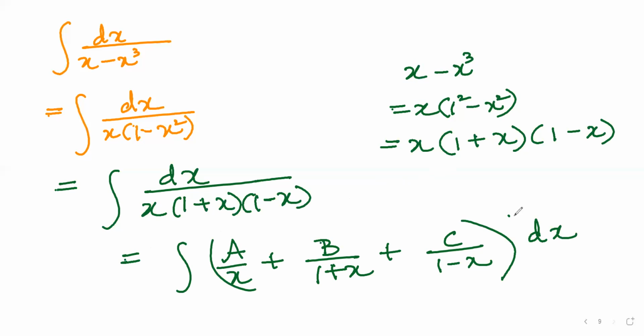So I've just written that product as a sum. That's all. That is converting it to partial fractions. So this is another technique, and I'm going to show you this using this problem. We're going to revise that partial fractions technique here. Yes, we have seen partial fractions earlier: a upon x plus b upon 1 plus x plus c upon 1 minus x.